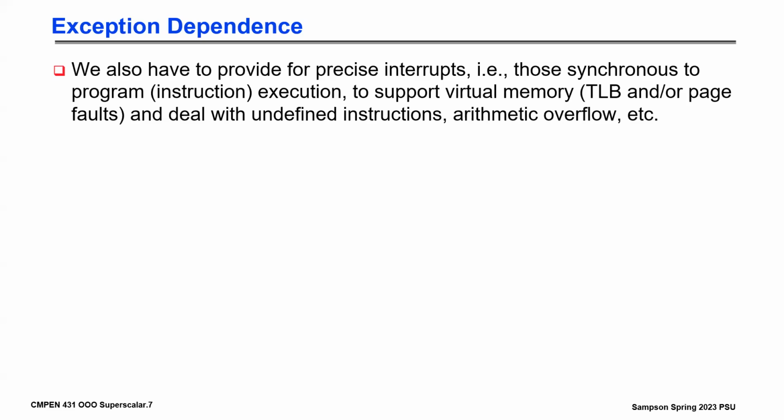Precise exceptions means that there's exactly a single instruction and a single linearization of the execution of all of the instructions that we can tie that back to. And a lot of other pieces of contract, i.e. abstractions between different pieces of software like the operating system, your debugger, all assume that this has to be there.